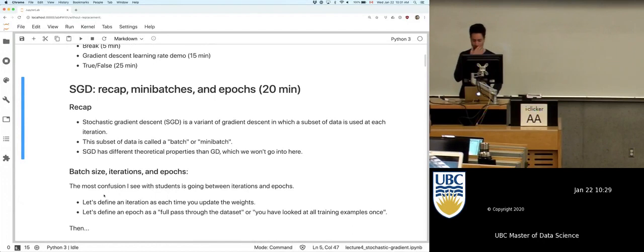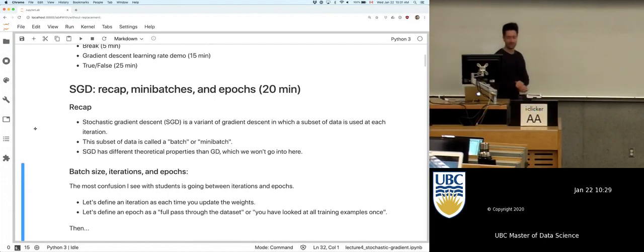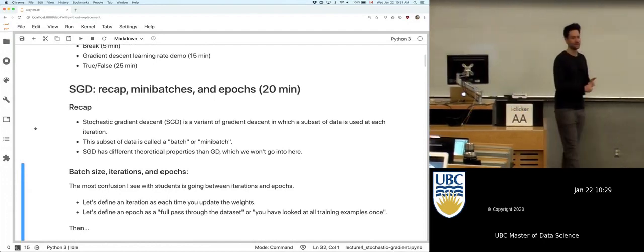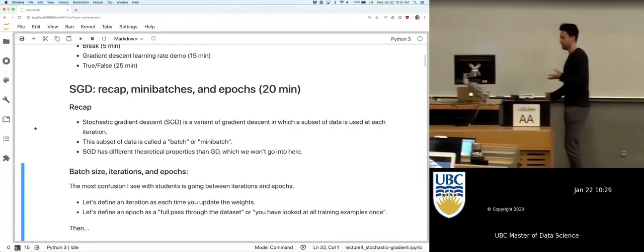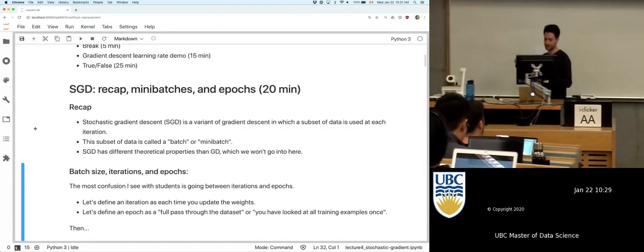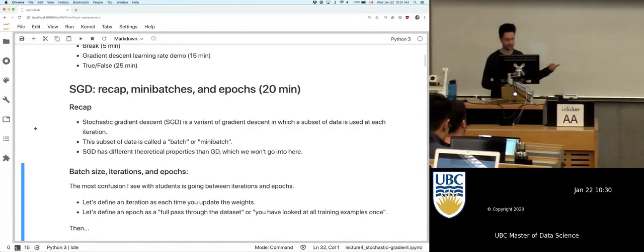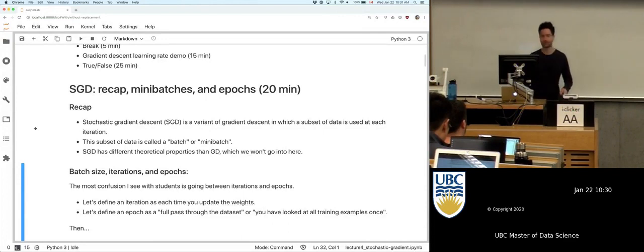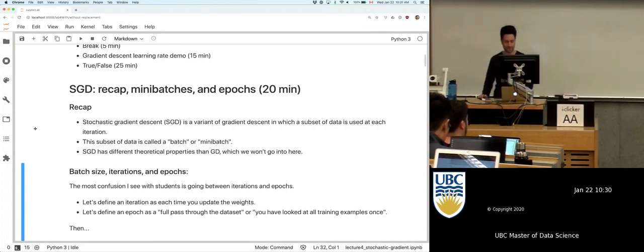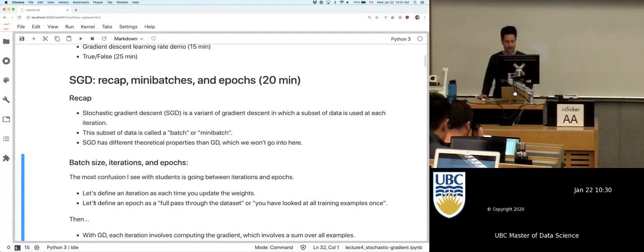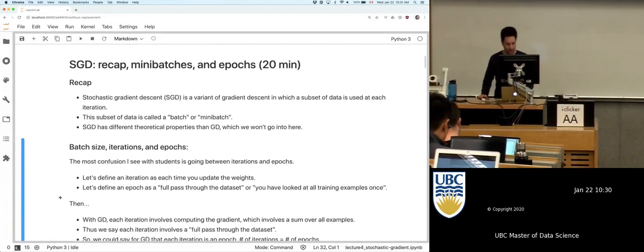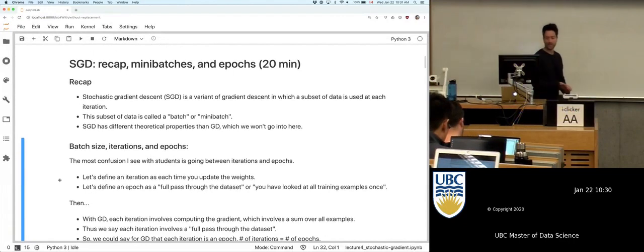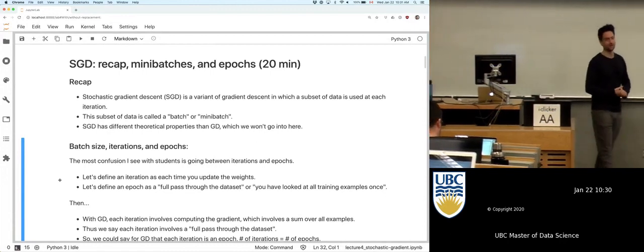Okay, so one thing I wanted to re-talk about, because every year students get confused about this: batch size, epoch, iteration. You could probably pronounce it epoch or epic. I don't know. I'm guessing both are acceptable pronunciations. So I want to define them like this. Let's define an iteration as each time you update the weights.